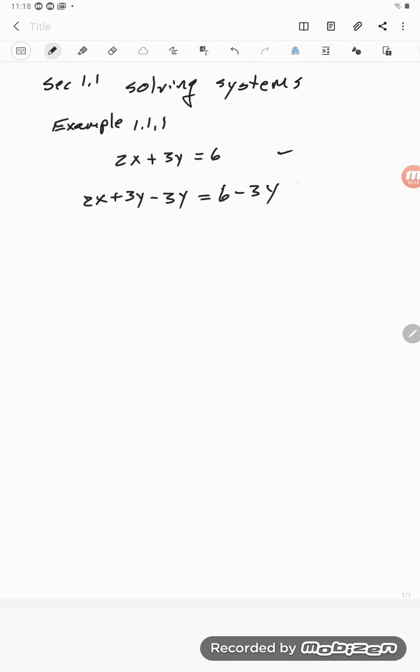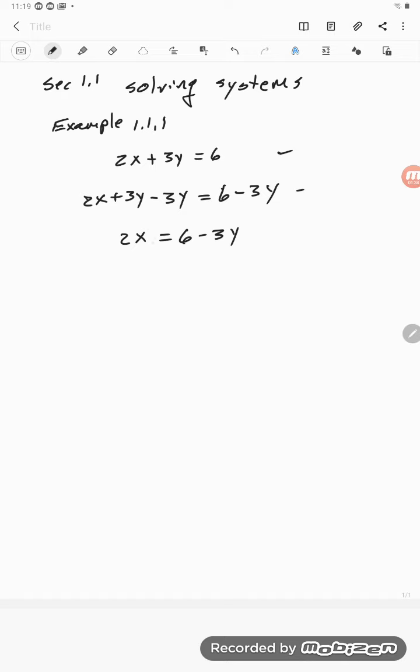So these two equations are equivalent. They have the same set of solutions. And then if I simplify and write it this way, then this is still an equivalent equation. It still has the same set of solutions.